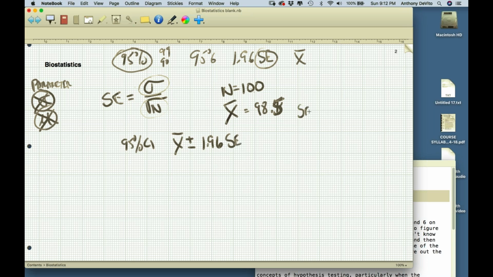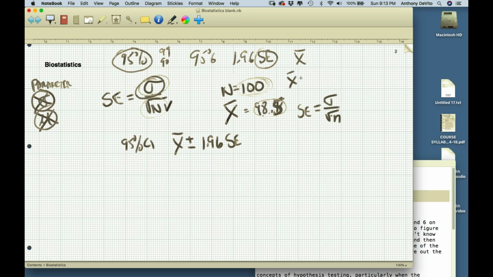So what is the standard error? The standard error is sigma, the population standard deviation, over the square root of n. Well, I know what n is. We decided that, but I don't know what the standard deviation of the population is. Well, just like x bar from that sample of 100 people approximates the population mean, the spread of those 100 randomly chosen people also approximates the population standard deviation sigma.